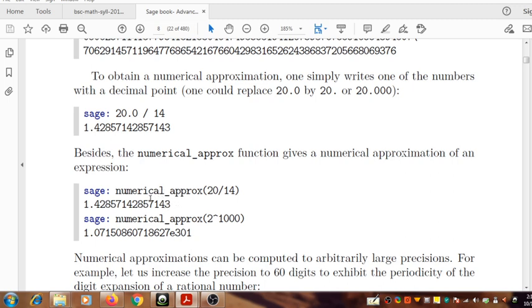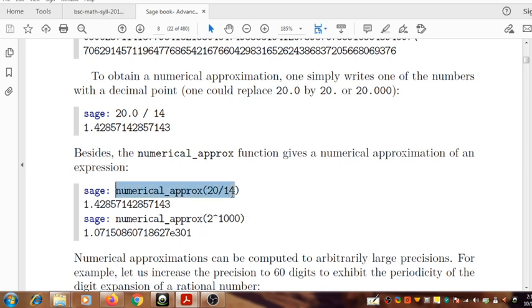That means it numerically displays an approximate value of the number given as its argument. But in our demonstration, we are not interested in using 2 raised to the power of 1000, because that may take a longer time for its calculation. So let's try this numerical approximation.